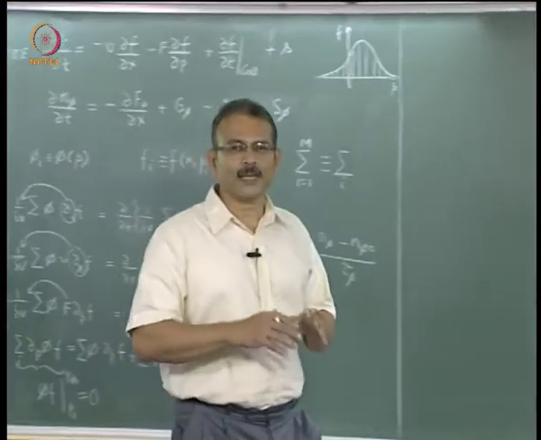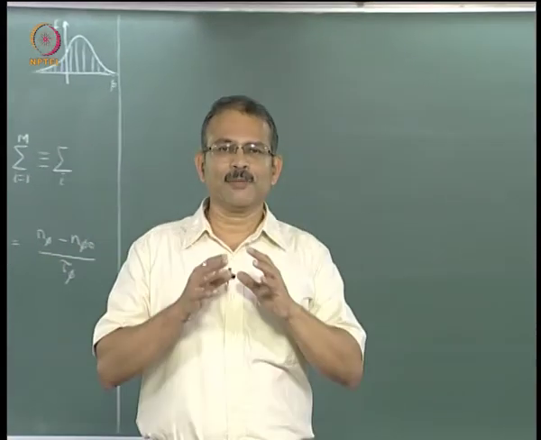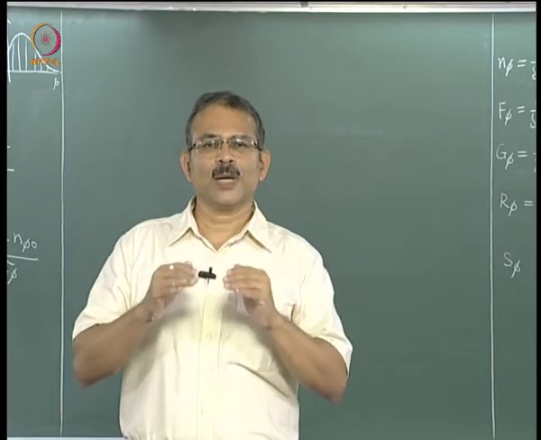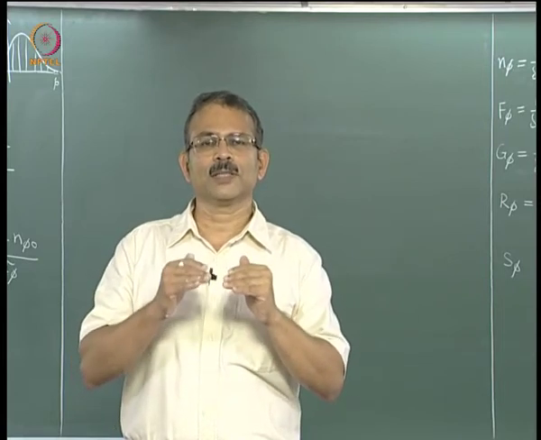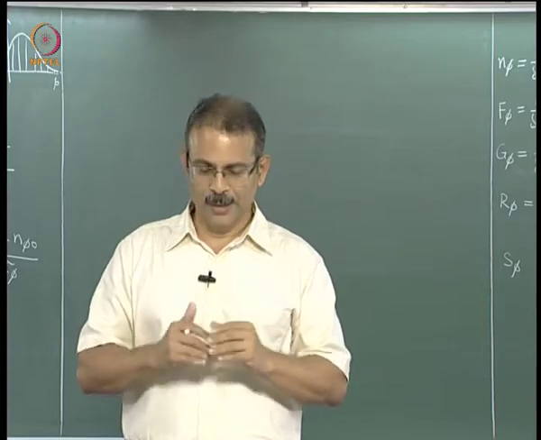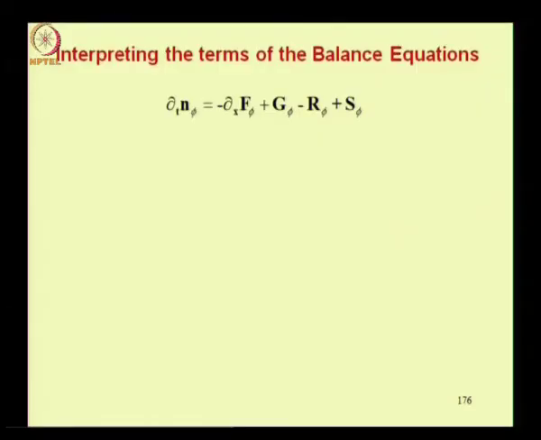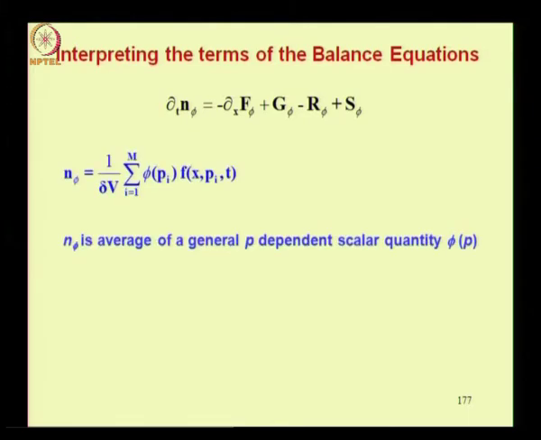Now let us interpret these terms physically so that we will be able to use the expressions and the terms to write down balance equations for carrier concentration, current density and other quantities like kinetic energy density. Let us start with the interpretation of n phi. So here is a formula for n phi.